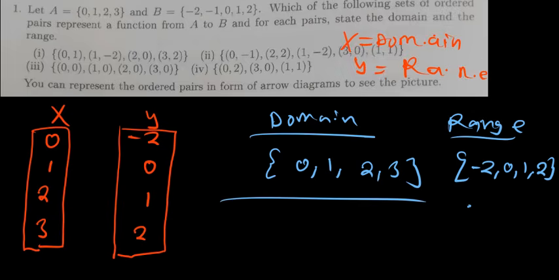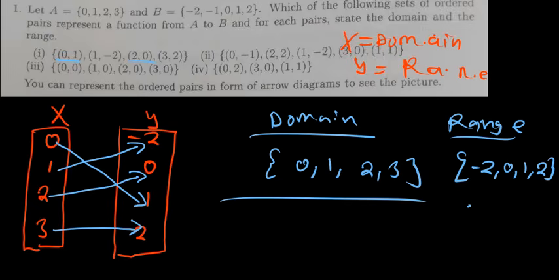Now let us look at this. We have been told that we should use arrow diagrams. We can clearly see that 0 goes with 1. So 0 from x goes to y. 1 goes to negative 2, then 2 goes to 0, and 3 goes to 2.